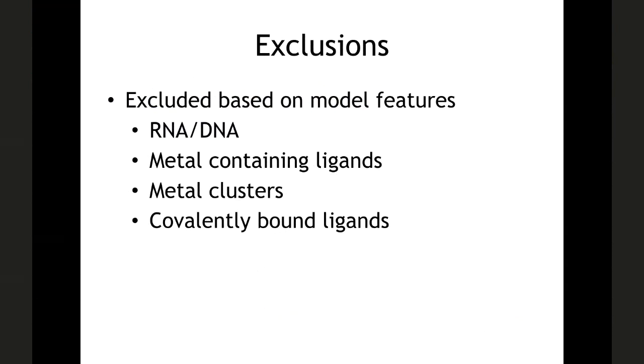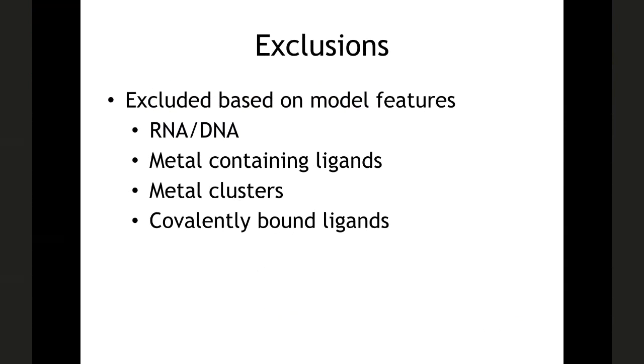The problem with covalently bound ligands is that the force field parameterization has to change for both the ligand and the protein entity that it's attached to. So that is currently not available. And the reason why RNA and DNA were excluded is because of the high charge and the need for some specialized charge shielding, etc., that has not been automated.